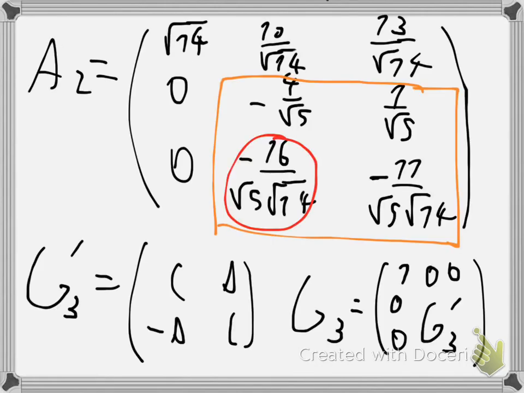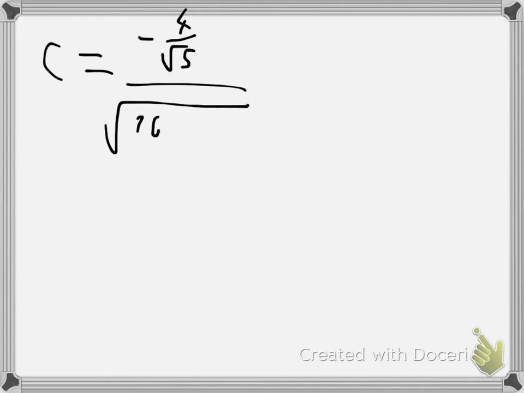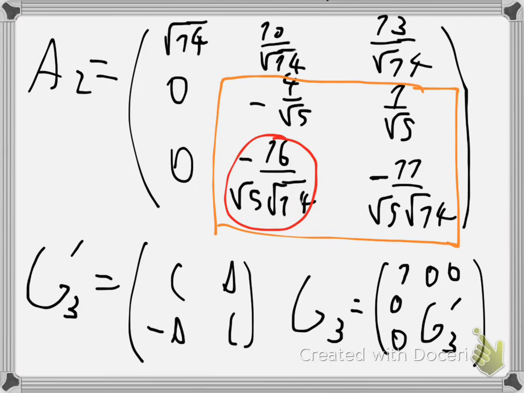So the cosine will be the top element of the vector in the submatrix, so this element here. So it will be negative 4 over square root of 5 over the square root of that element squared, so 16 over 5 plus the element we want to eliminate squared.